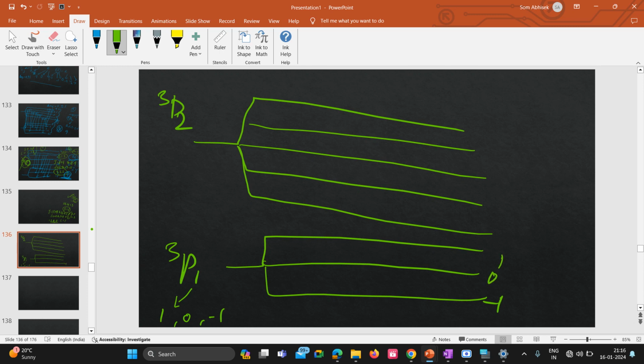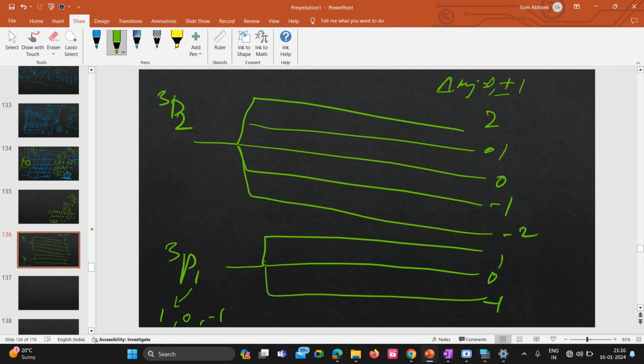This is 2, 1, 0, minus 1, minus 2. What is the selection rule? Selection rule is del mj is equal to plus or minus 1, 0. Anomalous Zeeman effect.